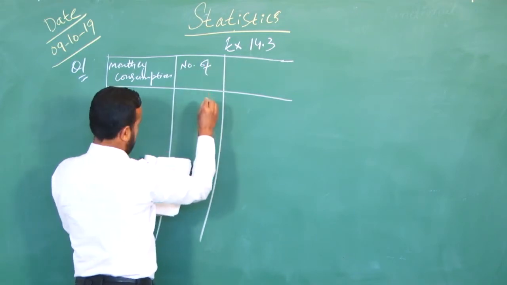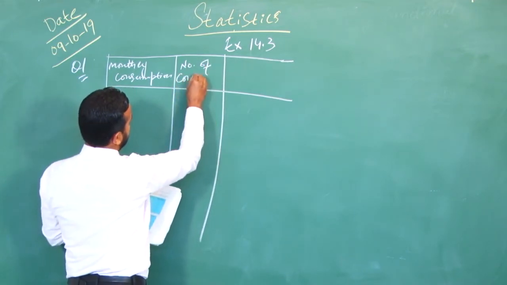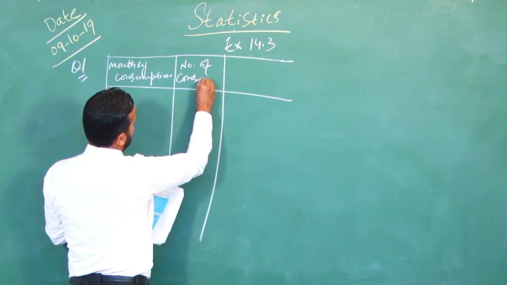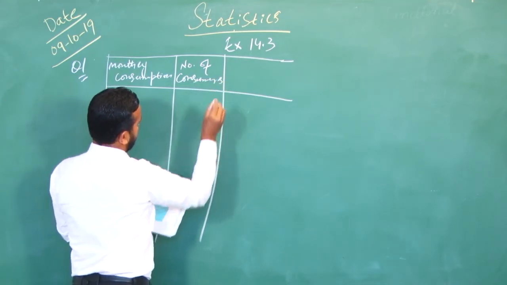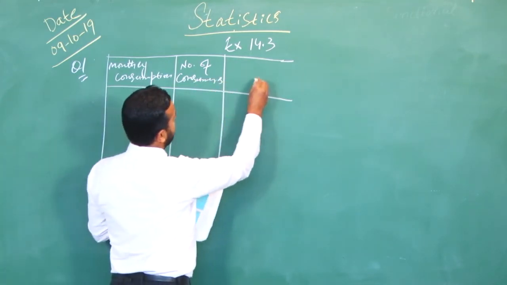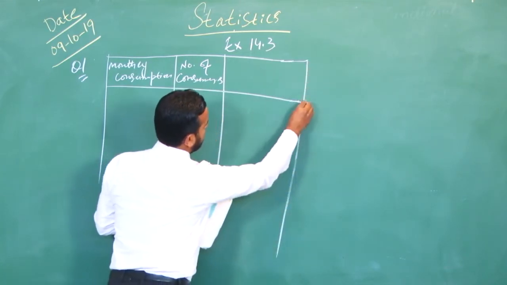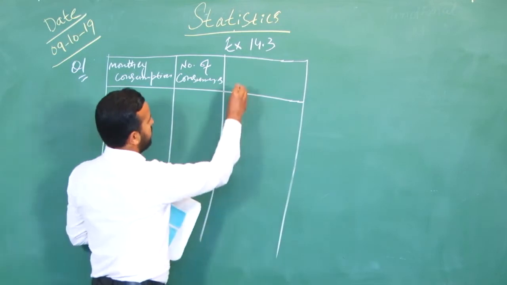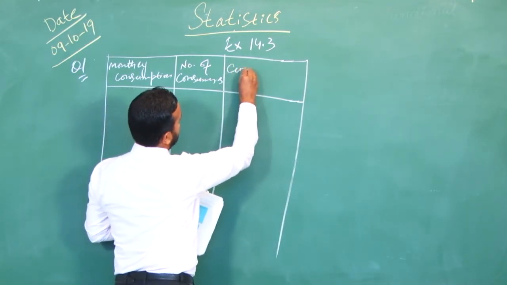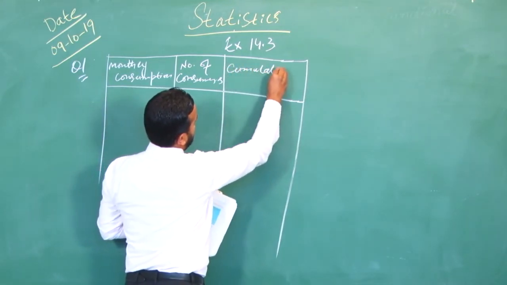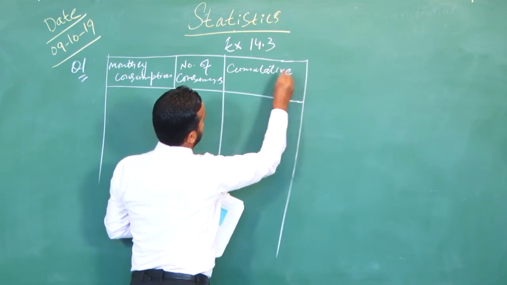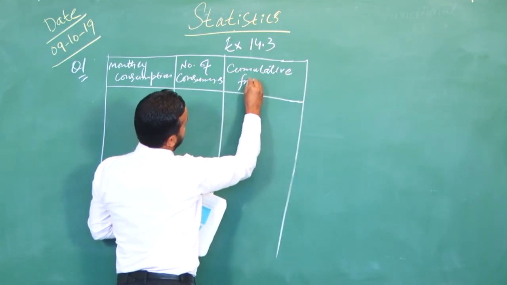Then the number of consumers. And in the third column we will calculate the cumulative frequency.